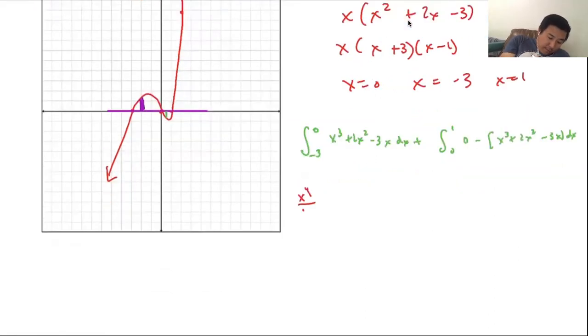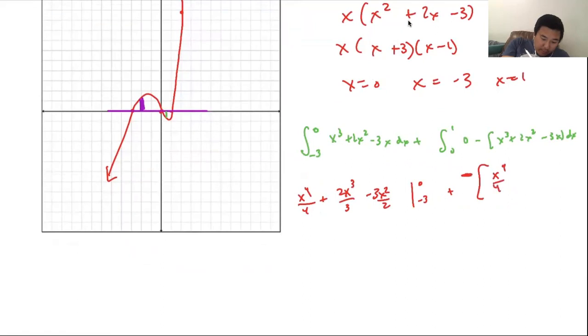X to the fourth over 4 plus 2x cubed over 3 minus 3x squared over 2 from 0 to negative 3, plus a negative in front, x to the fourth over 4 plus 2x cubed over 3 minus 3x squared over 2 from 0 to 1.